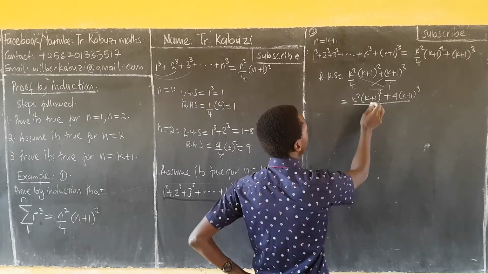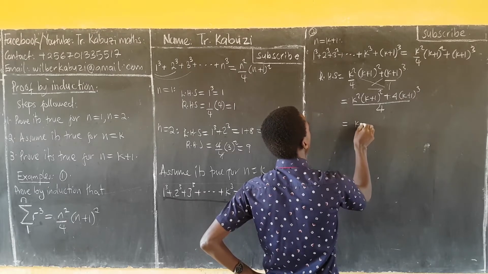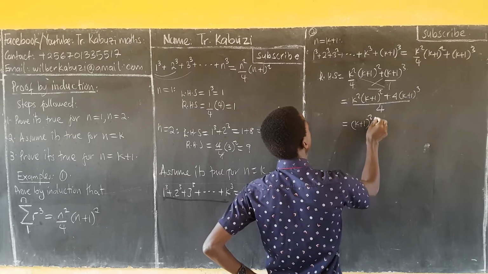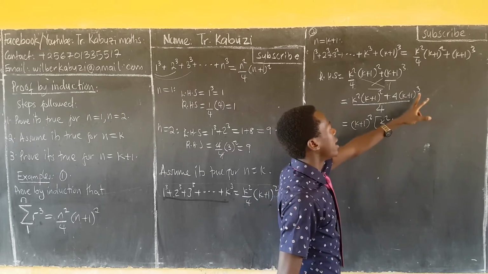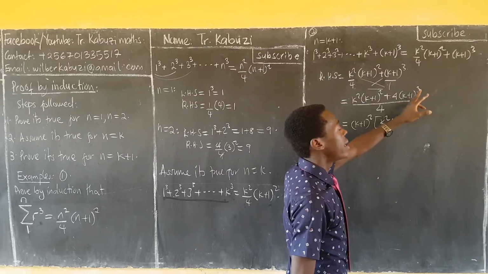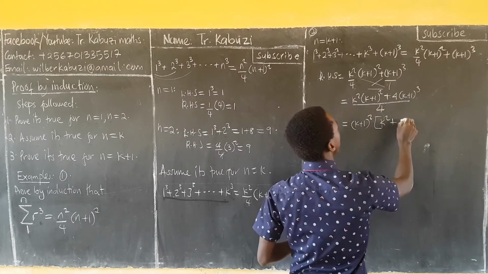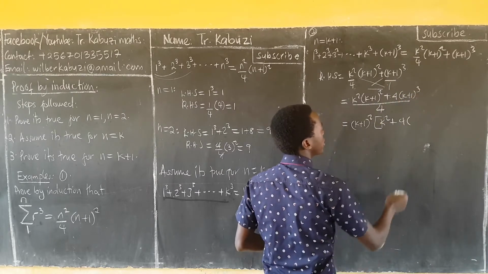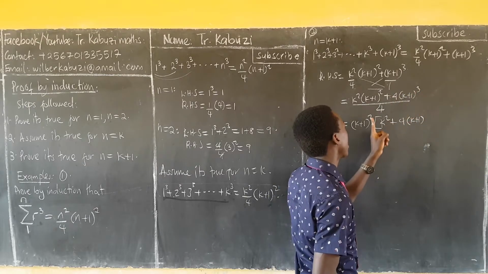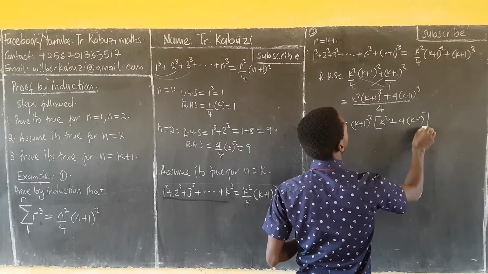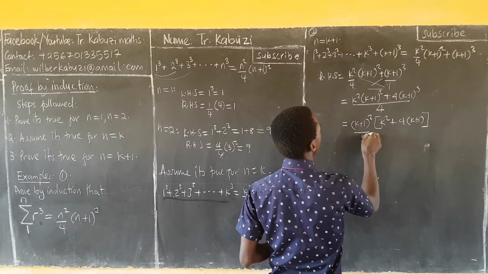When I factorize it out, I get k plus 1 squared, which is common. Here I'm remaining with k squared, then plus, if I remove k plus 1 squared from here, I remain with 4 into k plus 1, then the whole is divided by 4.